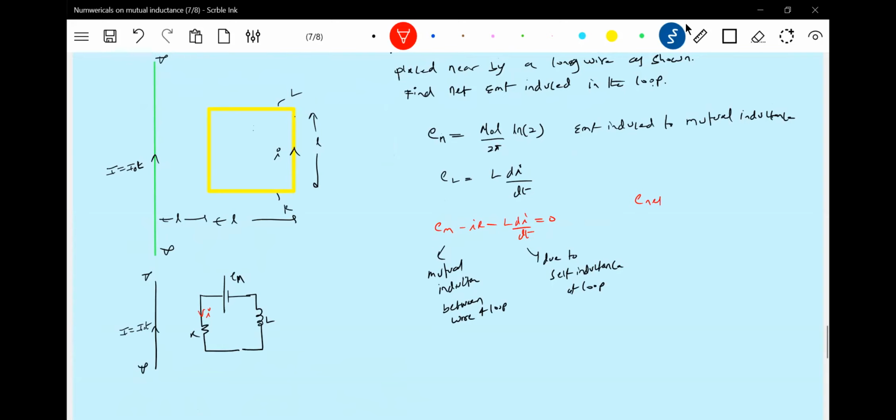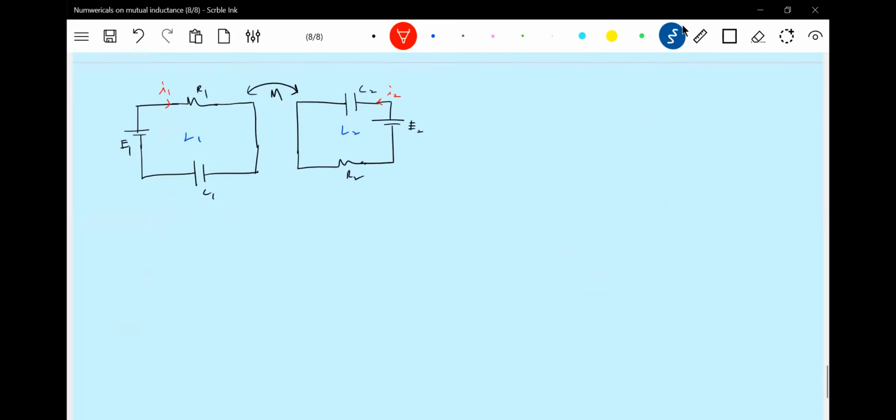I'll write it. I wrote this equation treating the inductor as a circuit element, but you can treat it like a cell also. Let M be the mutual inductance.